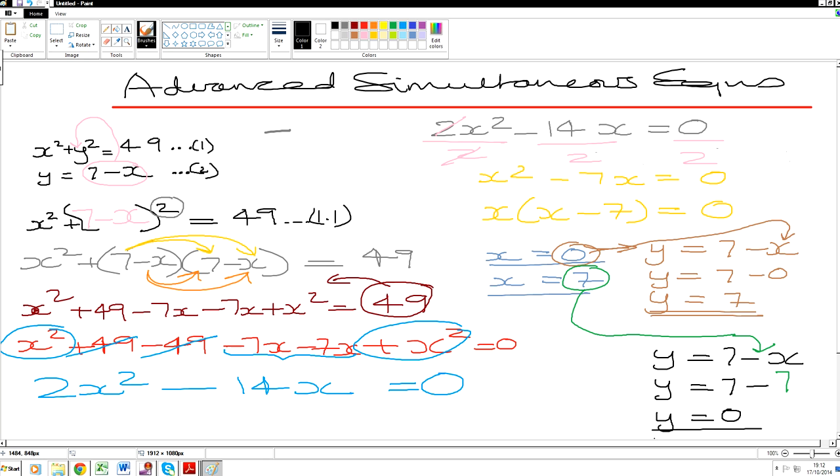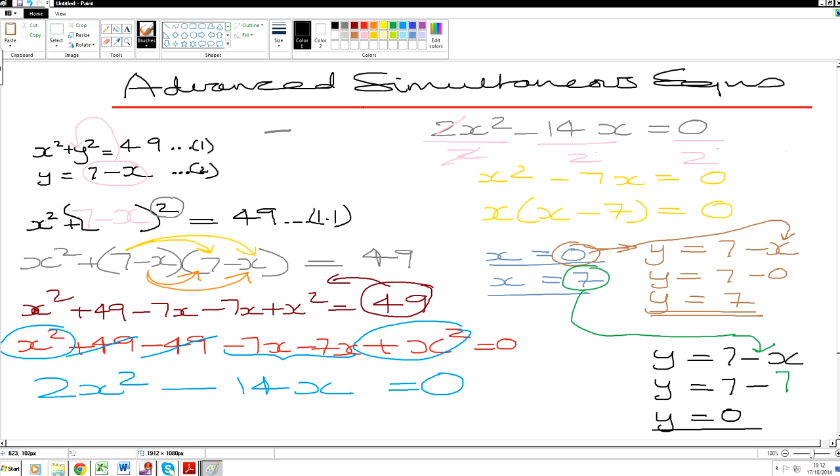So how many answers do we have now? We have 4 answers. Before, in the linear equation, we had one x value and its corresponding y value. In this type of equation, where we're dealing with the circle equation, we have 2 x values and 2 y values, giving us a total of 4 values.